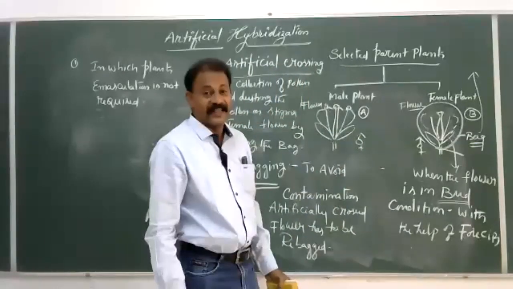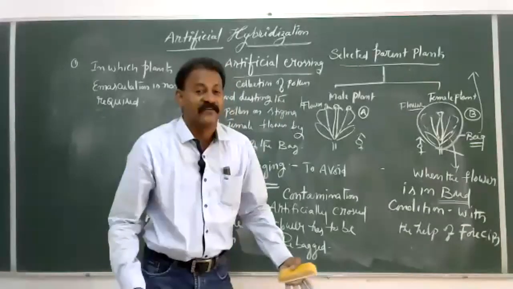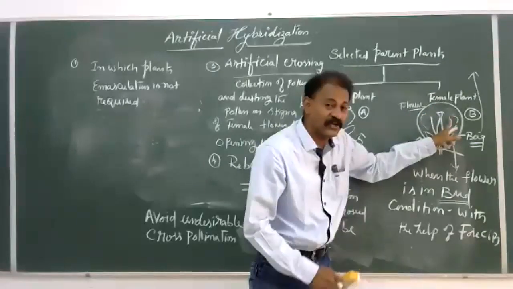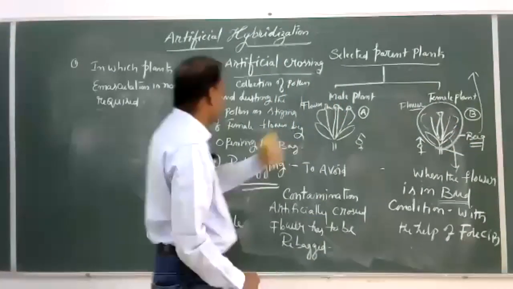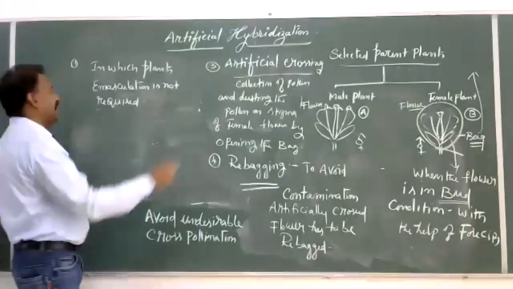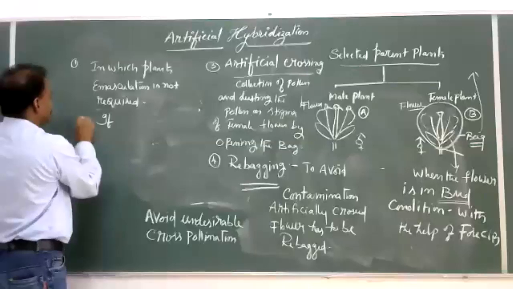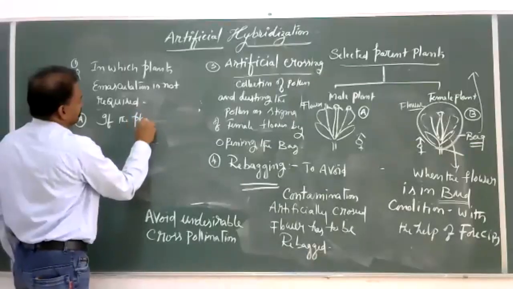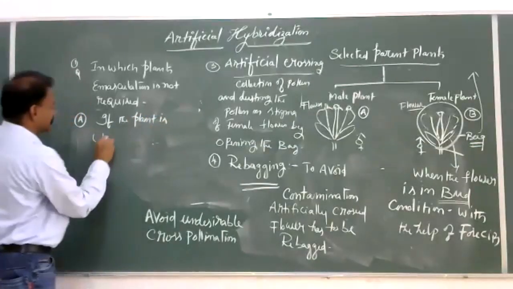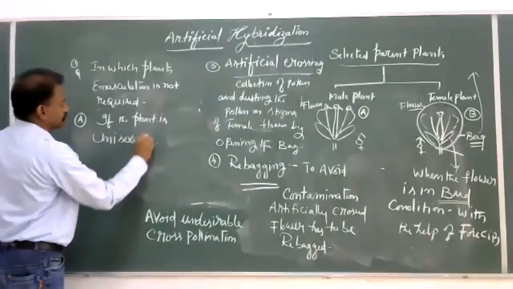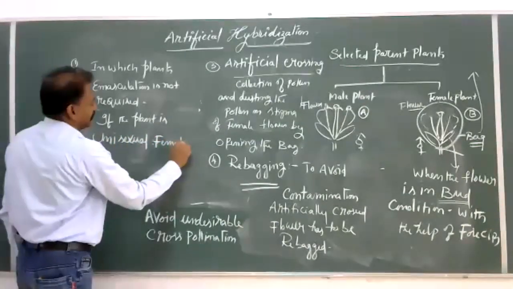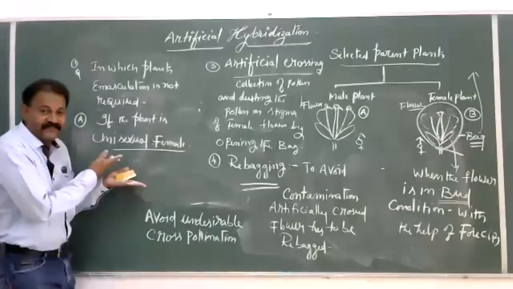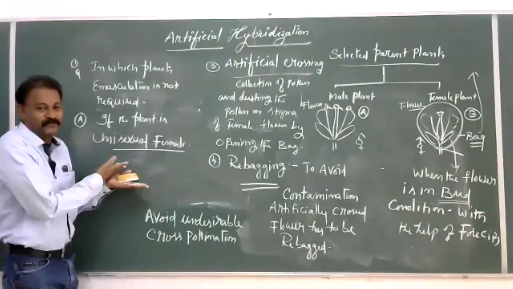If the plant has unisexual female flowers. When a plant is bisexual, emasculation is required to stop self-pollination. But when the plant is unisexual female only, it will not have any androecium or stamens from which to remove the anthers.